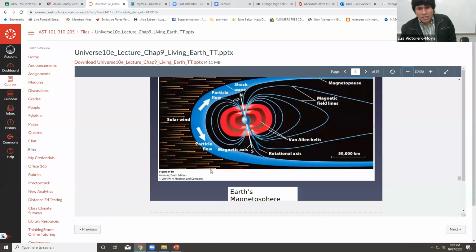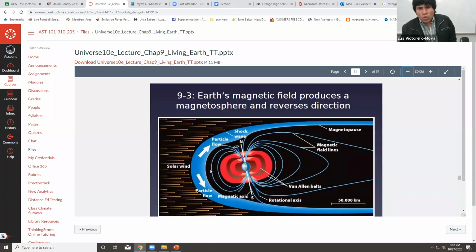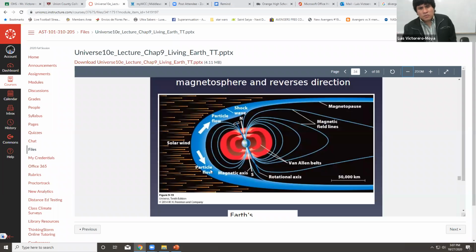All right, guys, I think that is what I want you guys to study. There is also this slide about the magnetic field, which I already explained. But in order for you guys to understand this better, I will share you guys a video of how auroras and the northern lights are produced. But that slide is basically what you need to know.